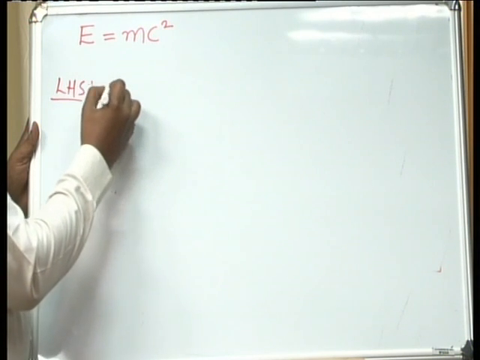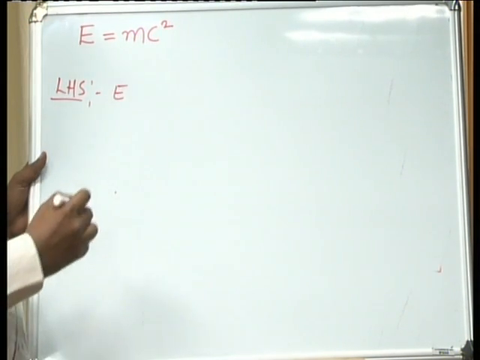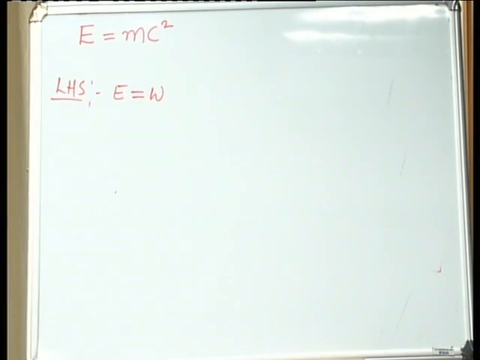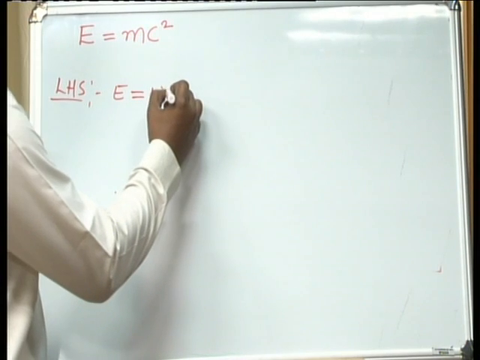What is LHS? E. E means energy. Energy means work done. Both are the same concept in physics. Energy means capacity to do work. Energy and work have the same unit and the same dimensions. We know that. How can we define work?